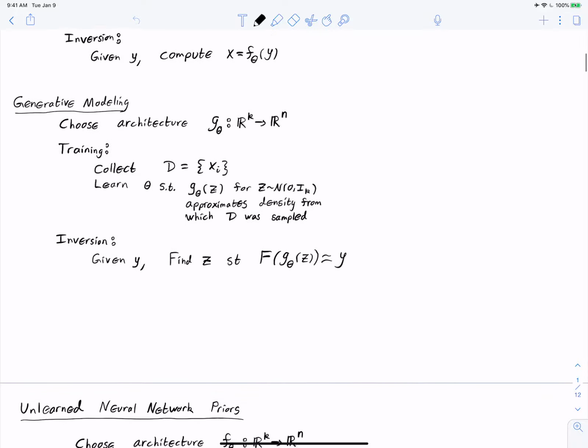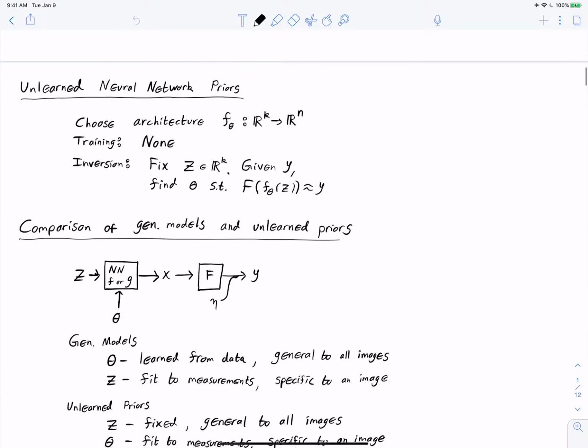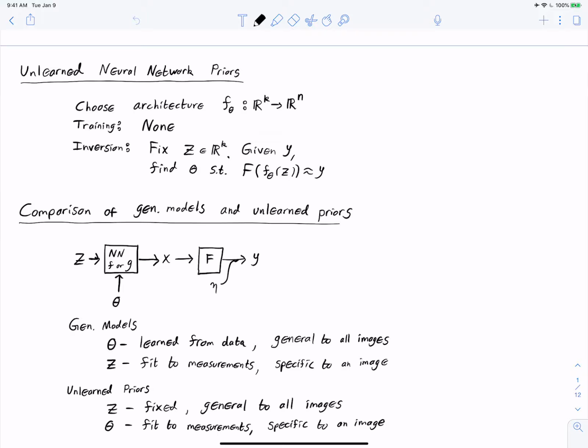Now we want to contrast these to unlearned neural network priors. In this case, we begin the same by choosing an architecture, some f theta, which will be a map from R^k to R^n, for some value of k. There's going to be no training phase, which means that we don't have to go collect training samples that are similar to the natural signal class we're trying to model.